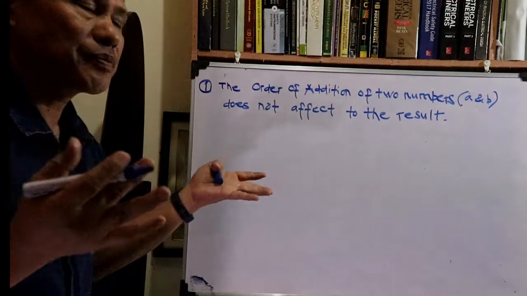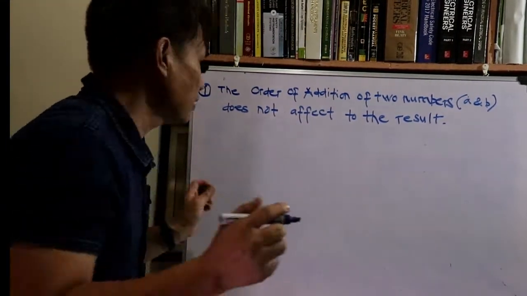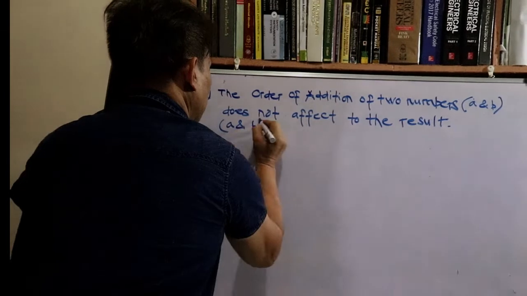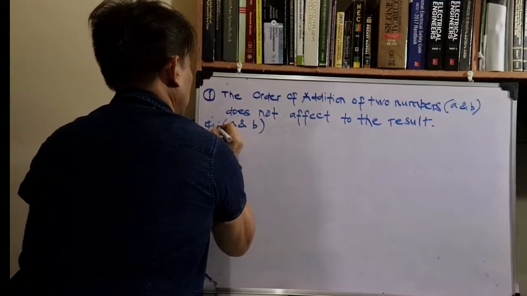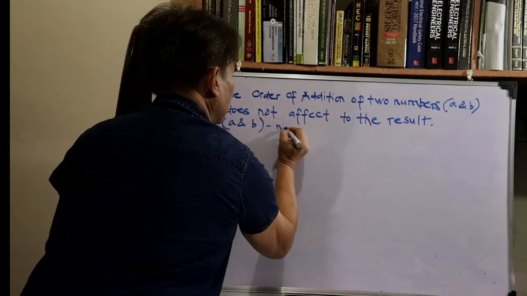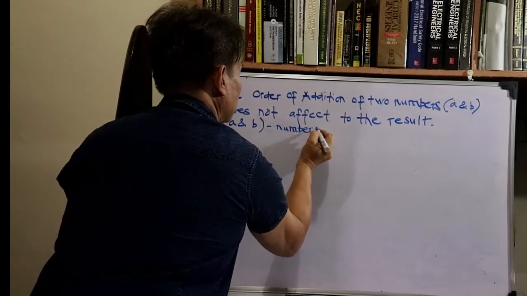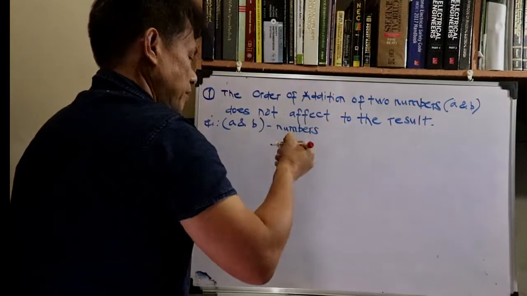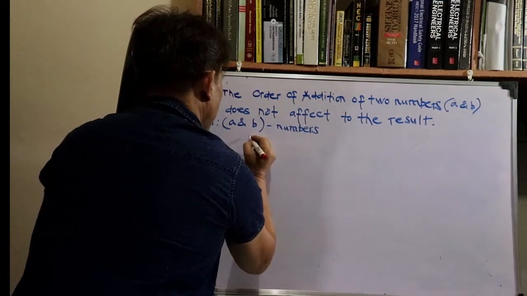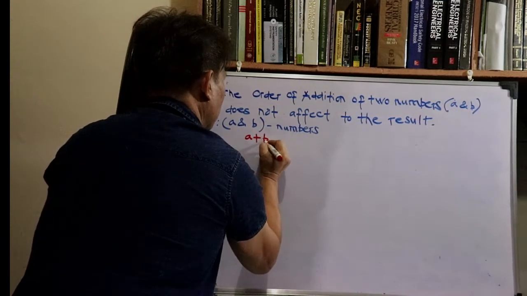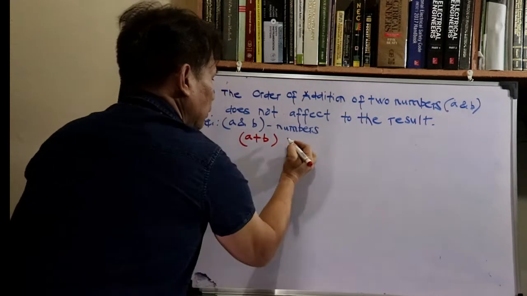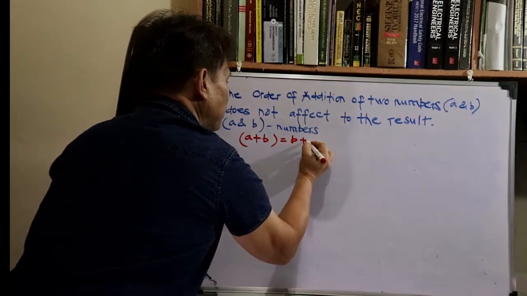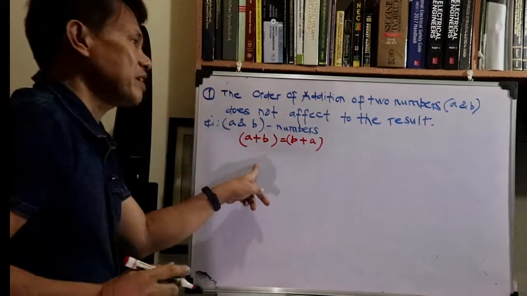Okay? Meaning, if you are going to use A and B, these are the numbers, say we have A plus B is equal to, we are going to change position, B plus A. You see?